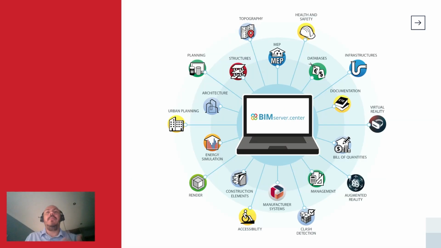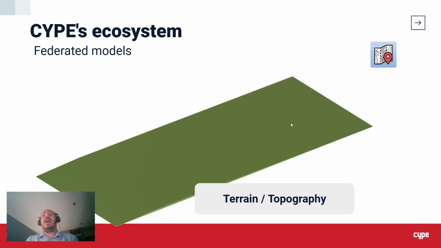To illustrate this situation a little bit, just showing here the CDE, the BIMserver.center platform in the center, all the different disciplines that are necessary to create a project will be connected using this BIMserver.center or this common data environment.